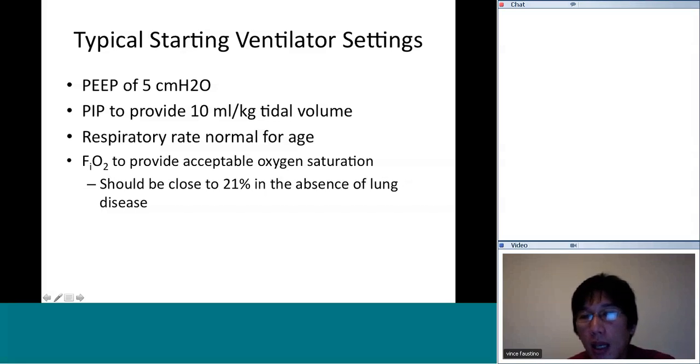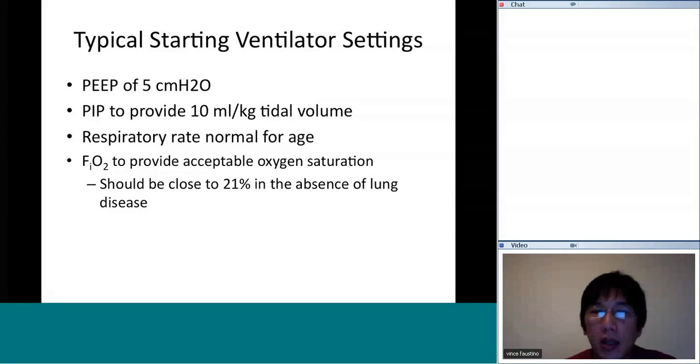If you can see here, I didn't write something like greater than 92%, because as you know, some patients, such as the single ventricle patients, would sit somewhere in the 70s and 80s, and the Glenn patient. So it's important to know what's an acceptable oxygen saturation for this patient, and you wean your FiO2 so that you provide the least amount of oxygen.